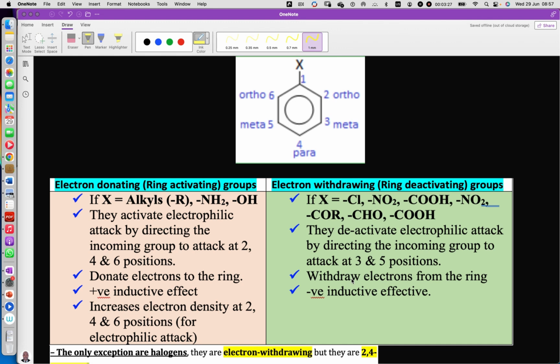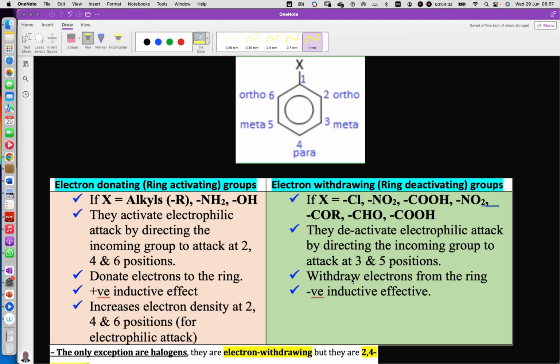For instance, if X is an alkyl group, an amino group, or an OH group, it is electron donating. Being electron donating groups, they will activate electrophilic attack by directing the incoming group to attack at the 2, 4, and 6 positions.